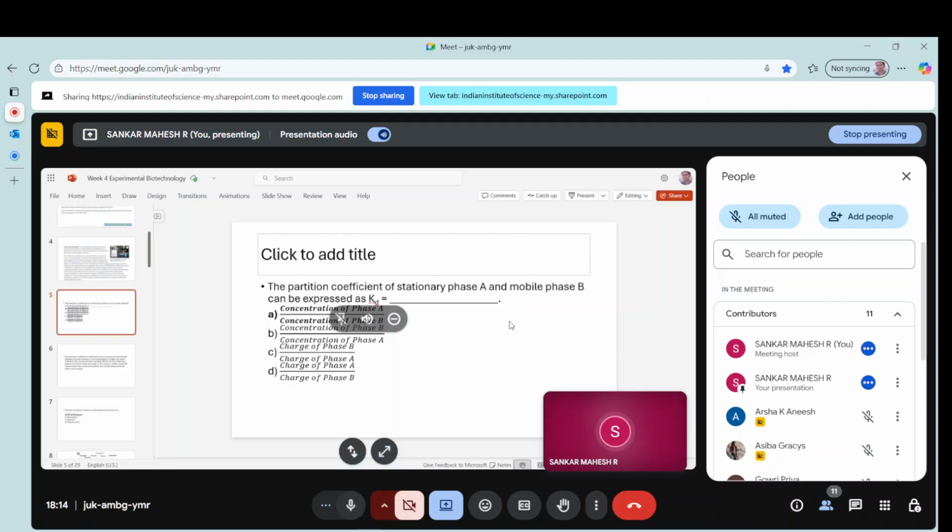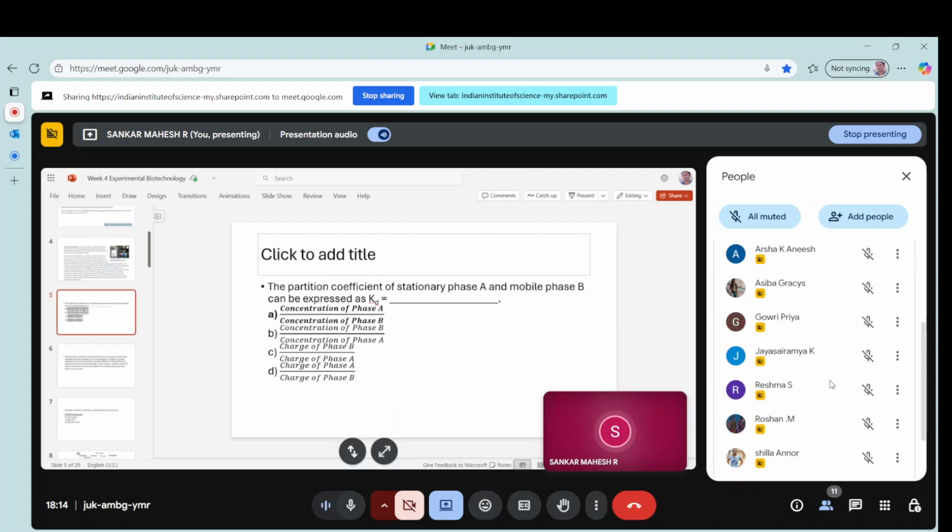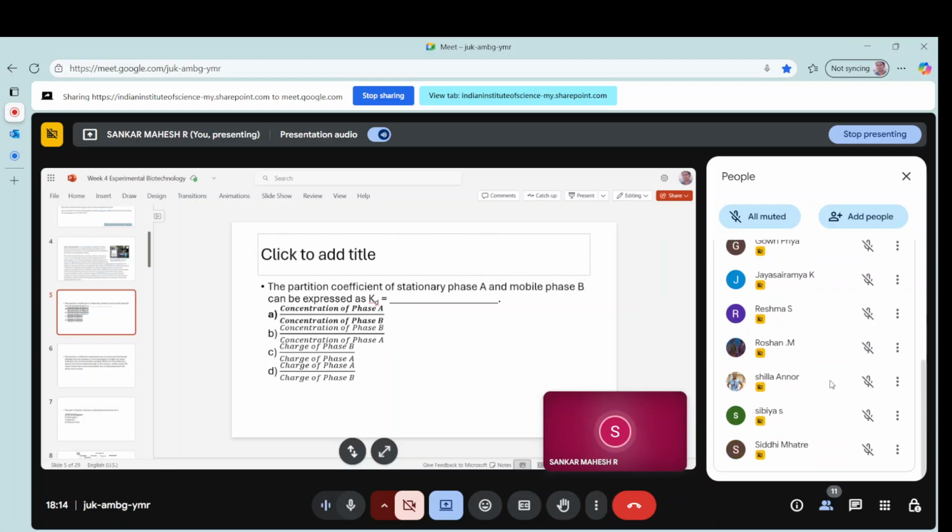Does anyone want to try answering what partition coefficient is? It's right there in the name, partition and coefficient. Even if you don't know the answer, you can try telling us what you know, even if you don't know the right answer.